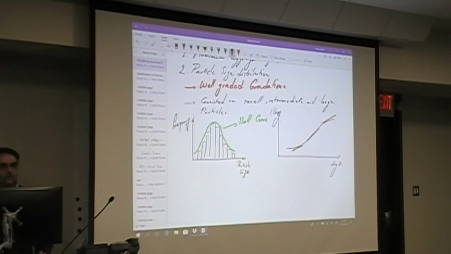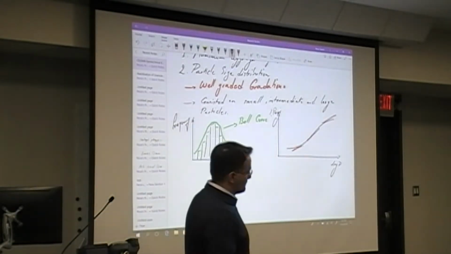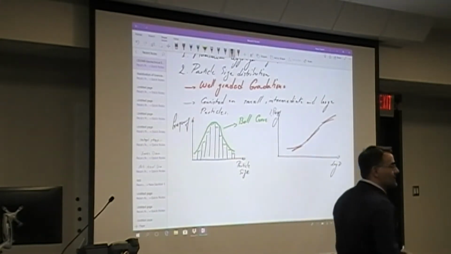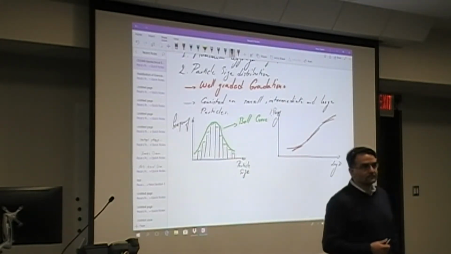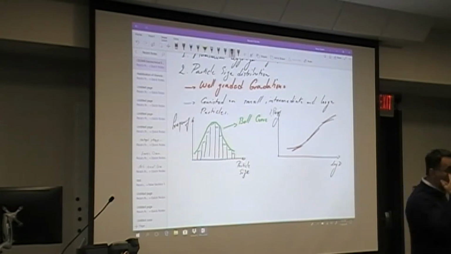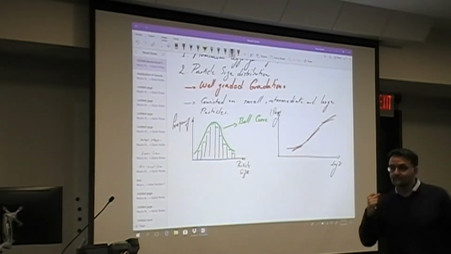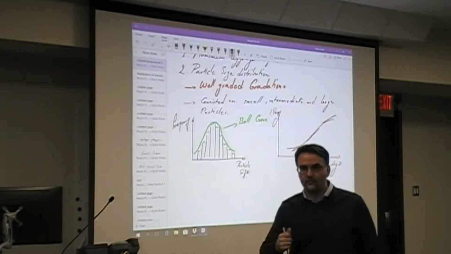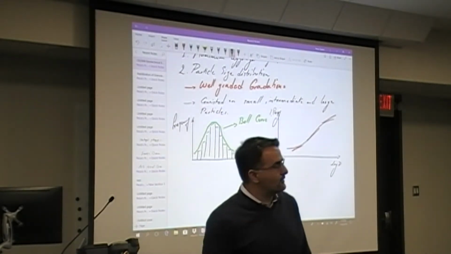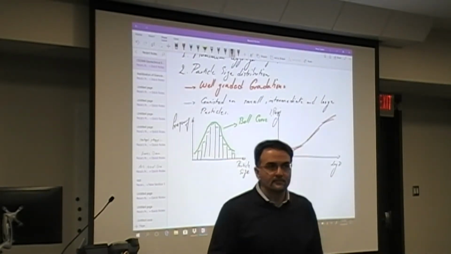Where do you use the well-graded material? Foundations, good example, yes. Where else? In roads, foundation of highway pavements, foundations of airfield runways.